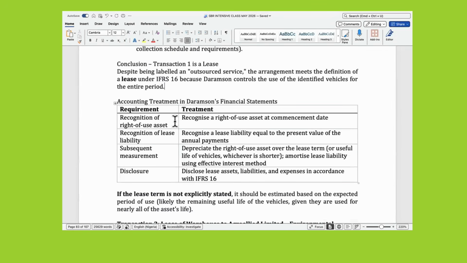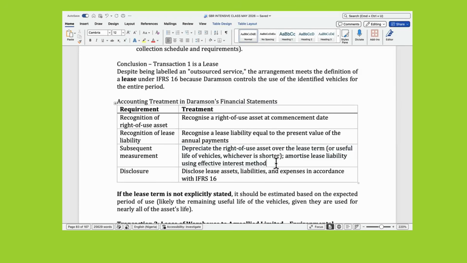So the way this is treated is that it's going to recognize the right of use asset at the commencement date of the lease, and it would also recognize a lease liability, which is recognized at the present value of the unpaid lease rentals. And at the end of the year, we're going to depreciate the right of use asset over the lease term, while the lease liability, we would amortize it using the effective interest rate method.